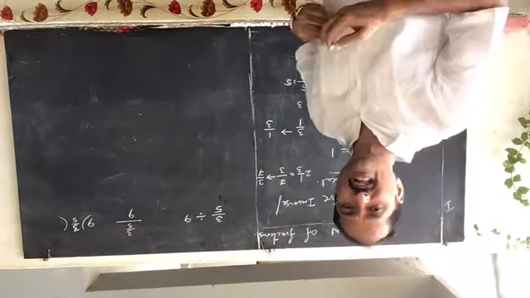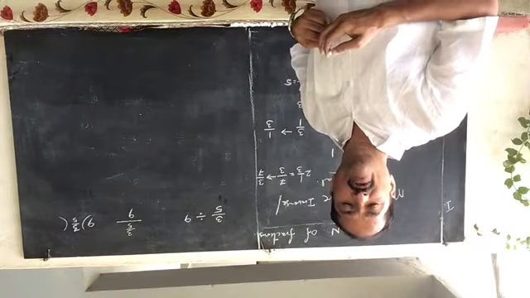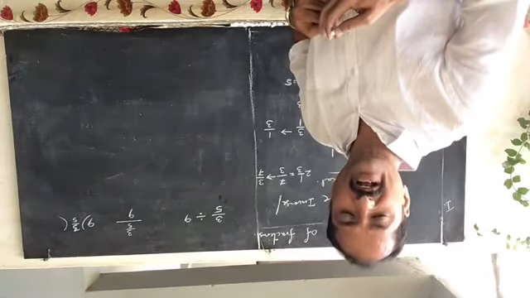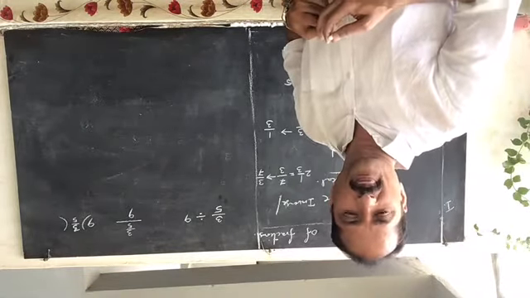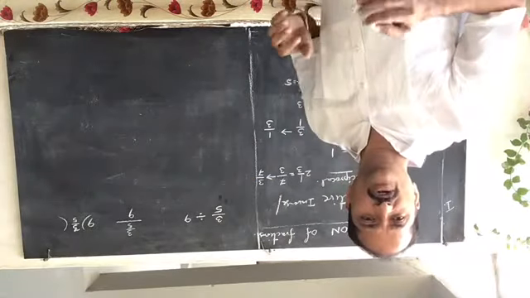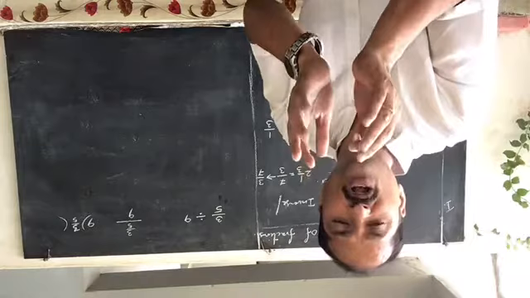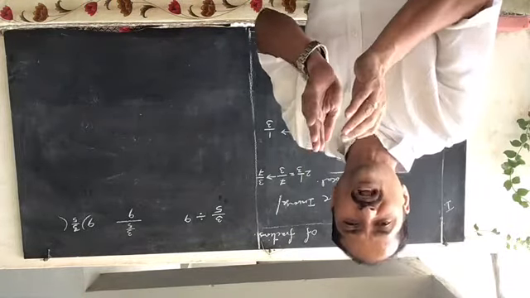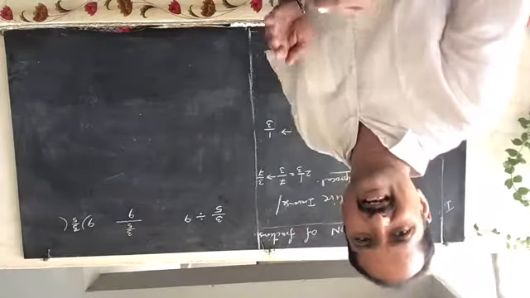Now, while you are dividing a fraction with a whole number, that means dividend and divisor, the divisor is 9. We should find the reciprocal of the divisor, or the reciprocal of the second number.